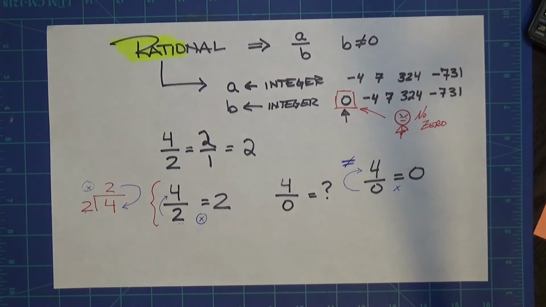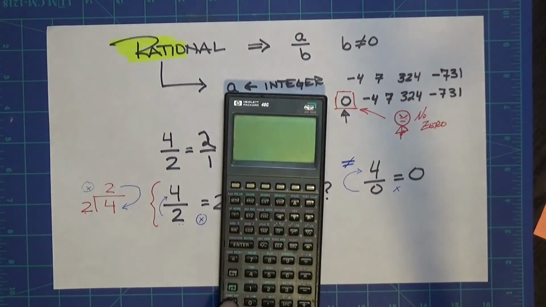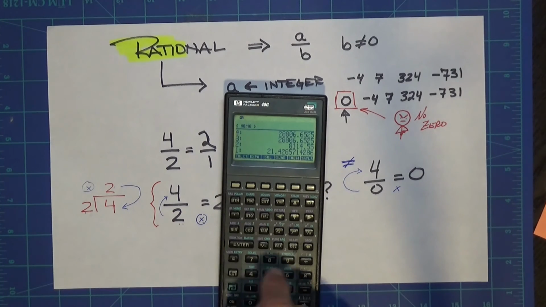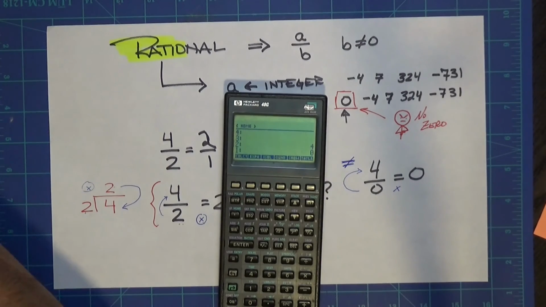It's called the divide by 0 error. The calculator will even make the mistake. So if we take this calculator, turn it on, clear, 4, then 0. So I have 4 and 0, and notice how it looks like the fraction, and that's a division.